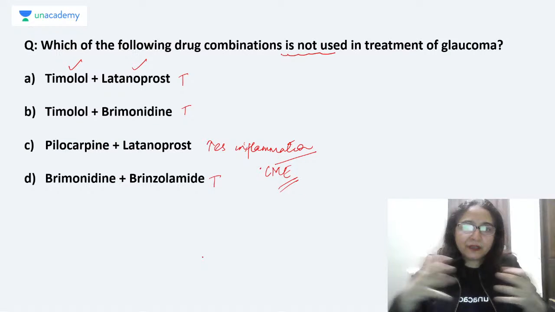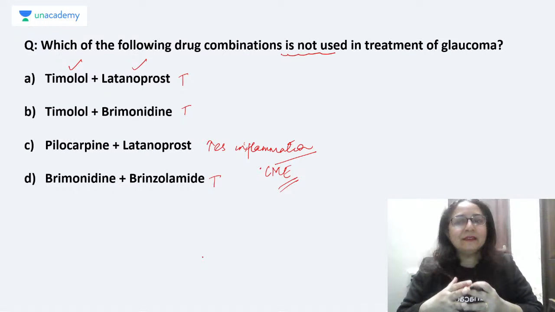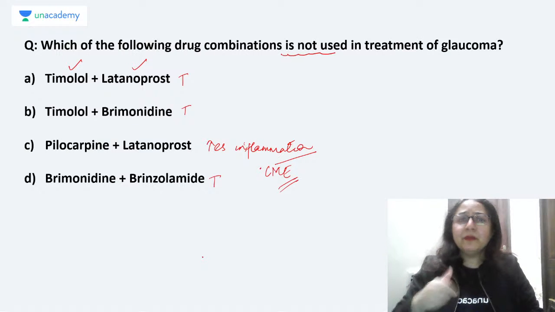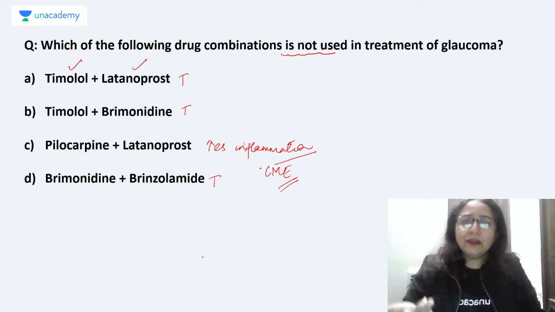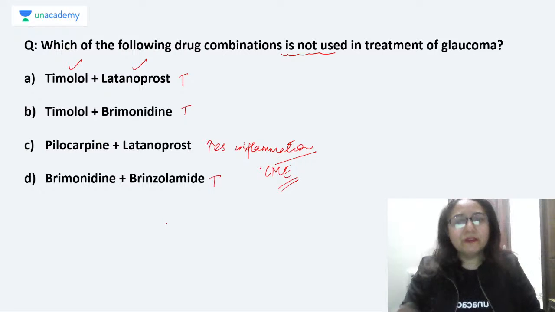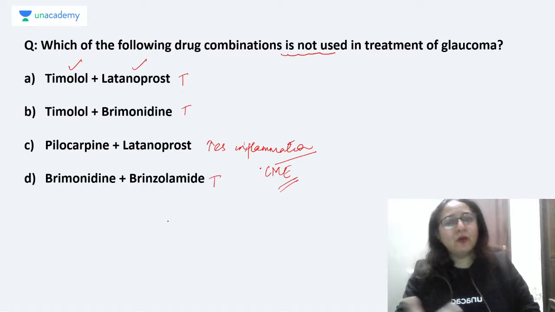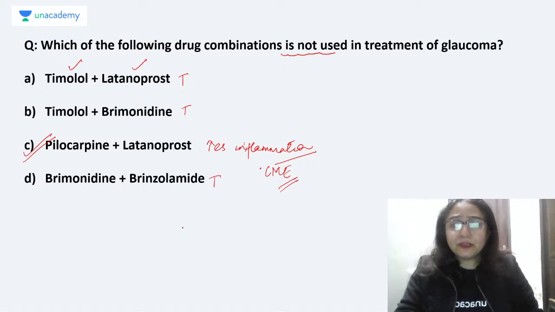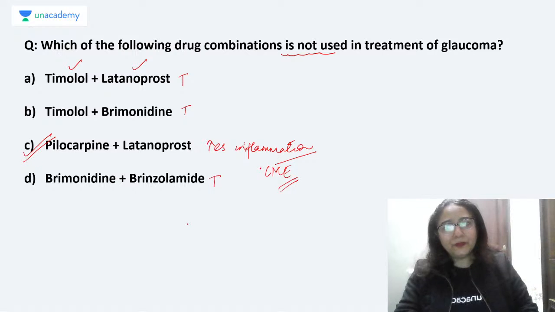Okay, so their side effect profile is such that individually they produce these problems, and in combination there will be more risk of developing CME or increased inflammation in the eye. So this combination is not preferred. Okay, this combination is the one which is not preferred in the treatment of glaucoma, right?